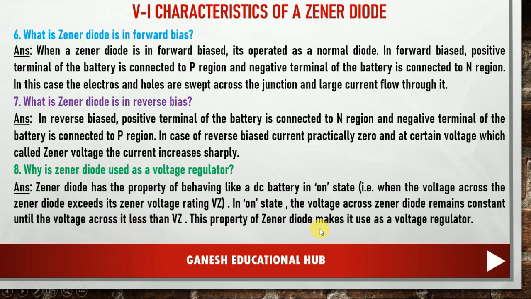This property makes it usable as a voltage regulator. A voltage regulator needs constant voltage, so with the help of the Zener diode, we provide constant voltage.